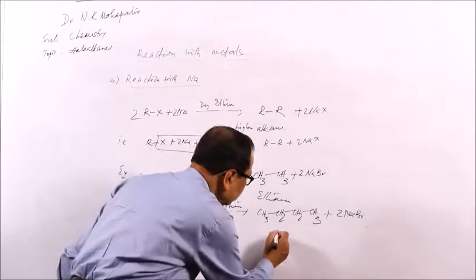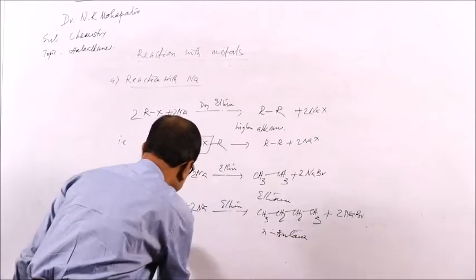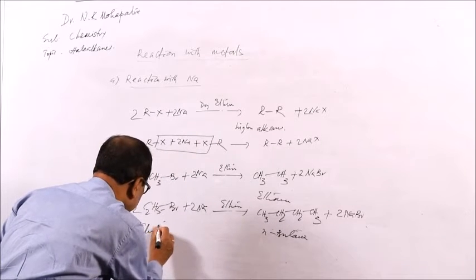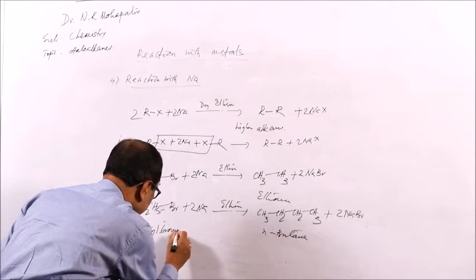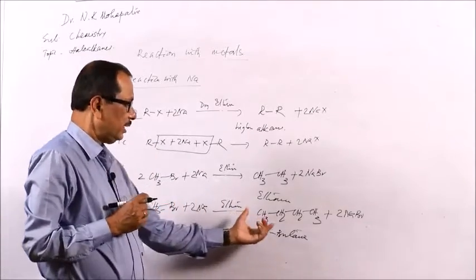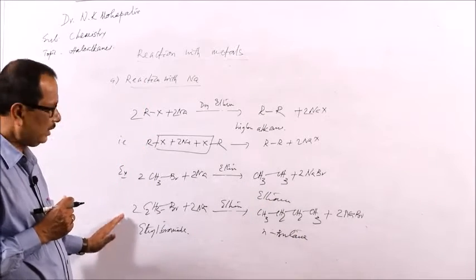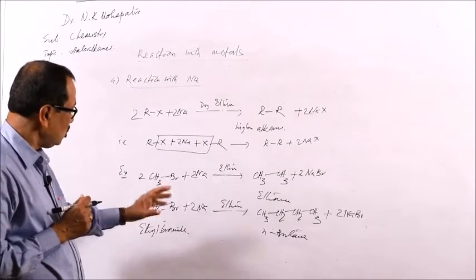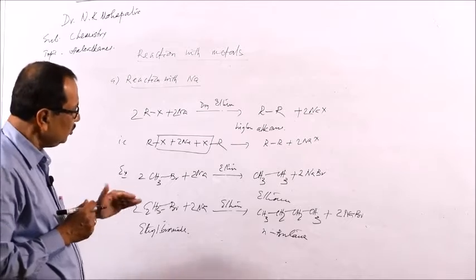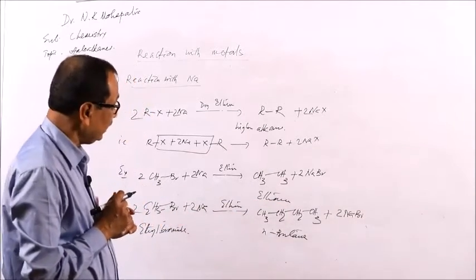This is n-butane. This is ethyl bromide. You mark the difference here. The number of carbon atoms present in the final product is twice the number of carbon atoms present in the alkyl group of the alkyl halide. So this method helps us in preparing higher alkanes.